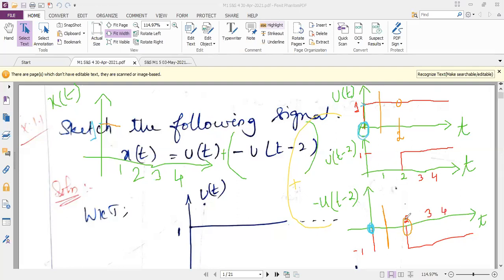Minus 1. So now at t equal to 2, I have to add 1 and minus 1. If I add 1 and minus 1, what should be the value at t equal to 2? 0. So at t equal to 2, my amplitude should be 0. So it should be dropped. I will drop the signal now.